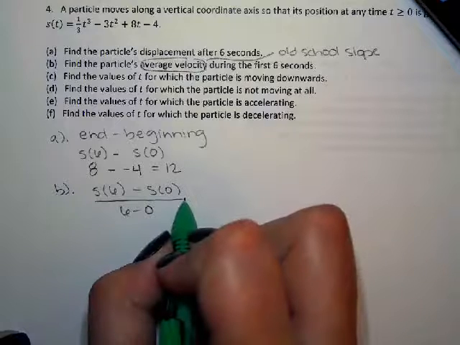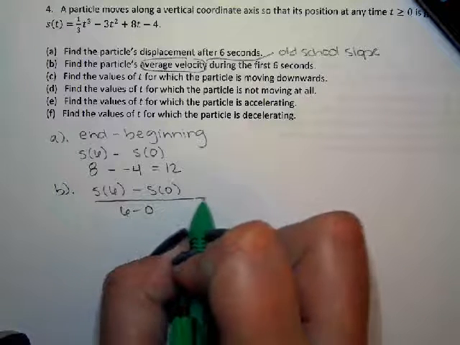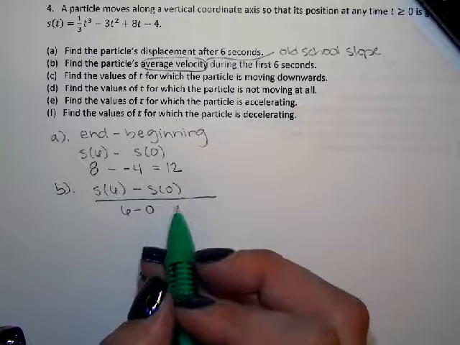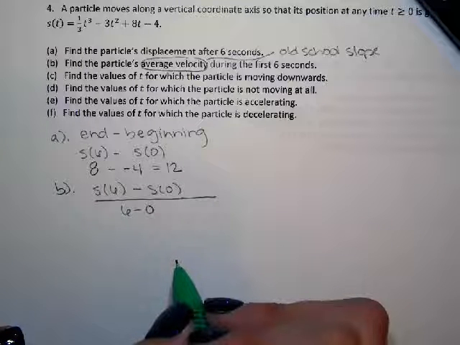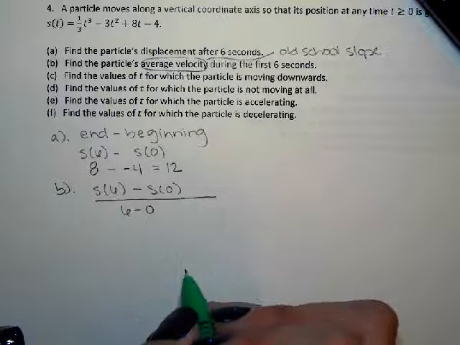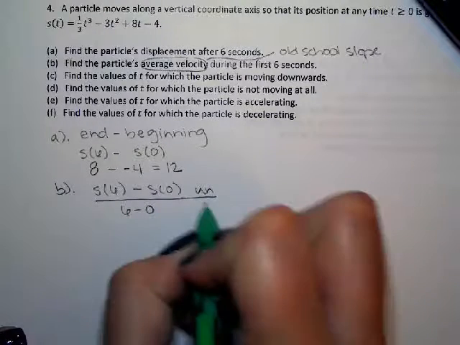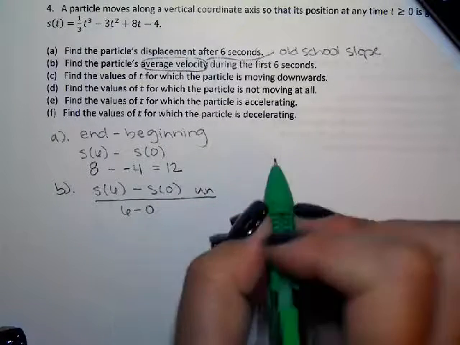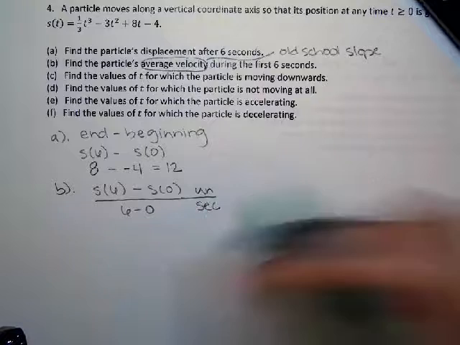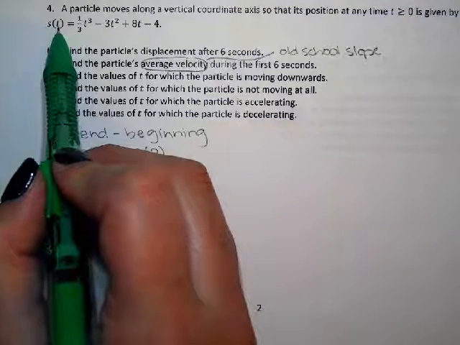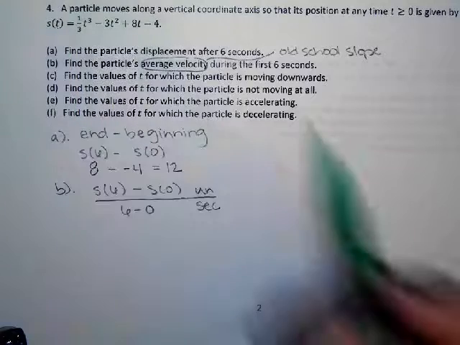Now, what type of units do we have for our outputs, for our y coordinates? Yeah, so it's units. And then our x coordinates is time, that's seconds. I can tell my x coordinate is time because it says s of t, t for time, which they said is seconds.